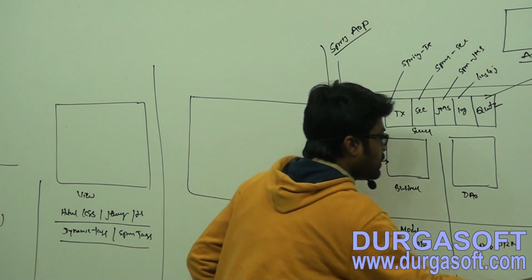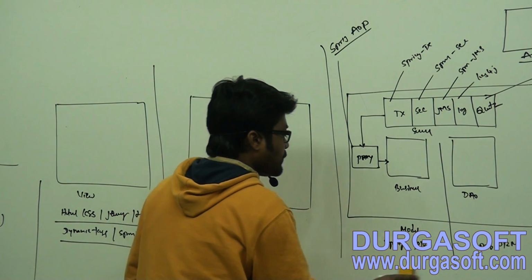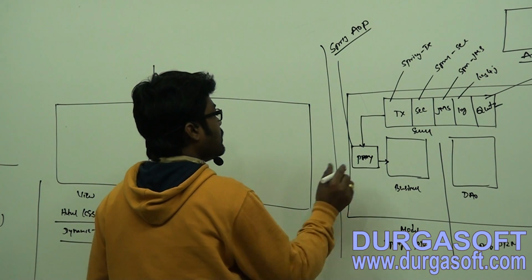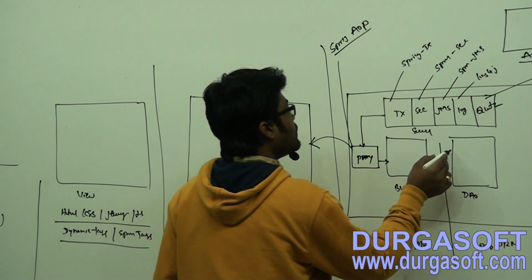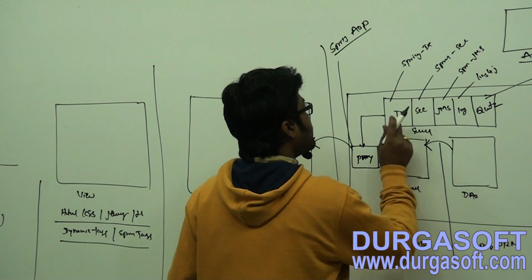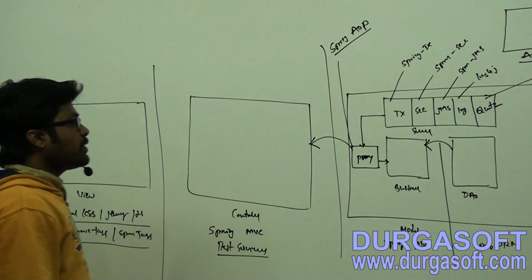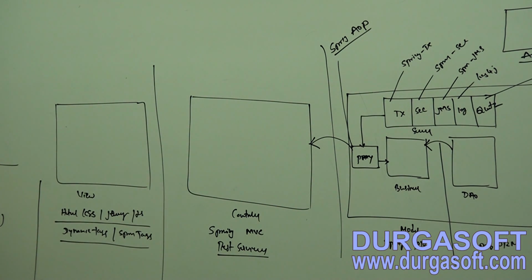And for integration, what should we use? To integrate this proxy to the controller, to integrate DAO to business, for integrating services to the proxy, what do we require? How to do the integration here? But how is integration done in the case of Spring?